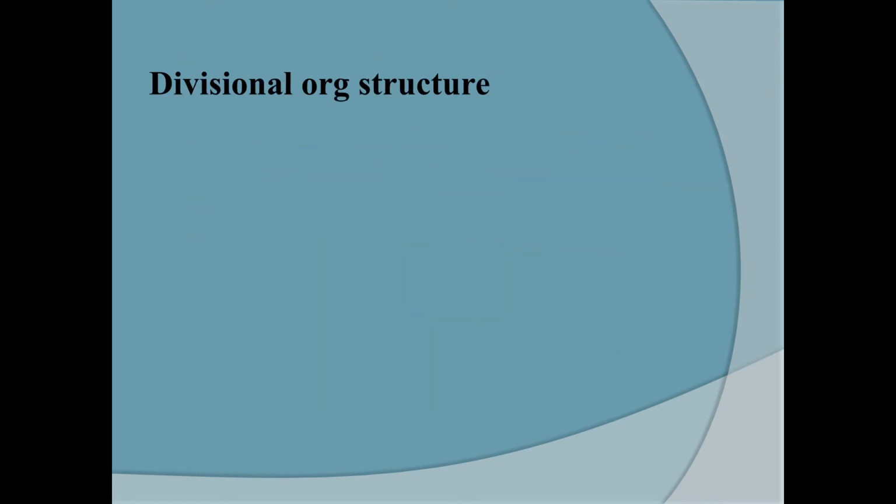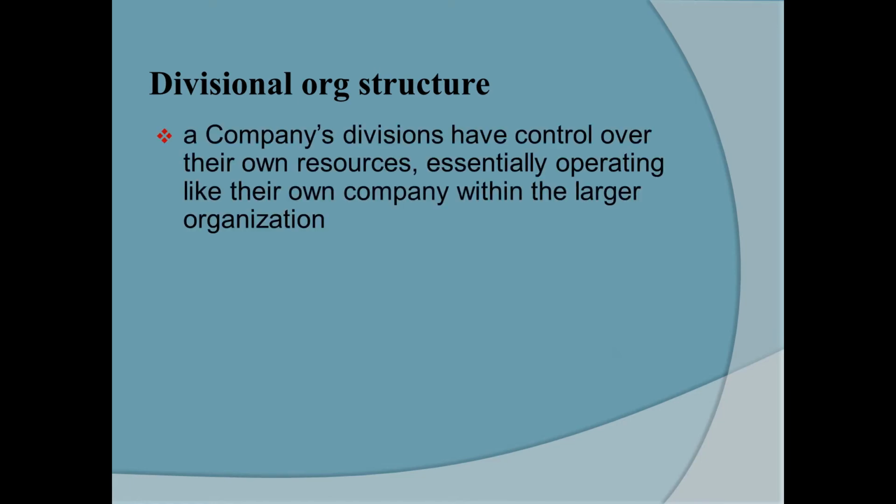So another type of org structure is the divisional organizational structure. A company's divisions have control over their own resources. So they have direct access to utilize their own resources, essentially operating like their own company within the larger organization.